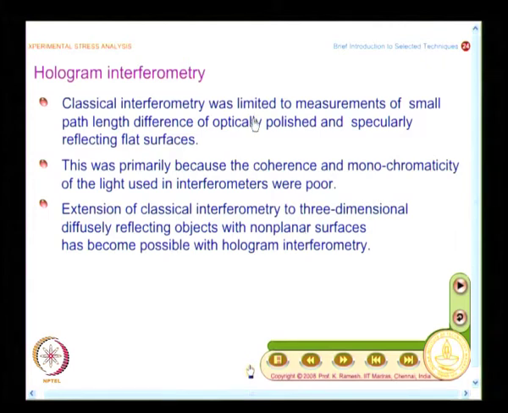So, we have had a quantum jump, from flat surfaces we could go to 3-dimensional objects, and once you come to a 3-dimensional object, the path length is not small, path length is much larger, and we are also looking at non-planar surfaces. So, you graduate from simple experiments on interferometry to finding out what happens on a 3-dimensional object.